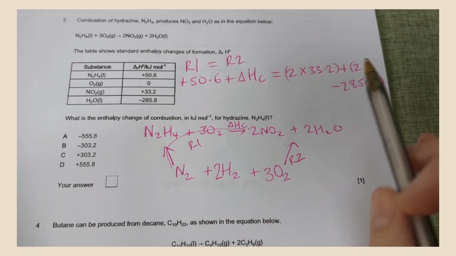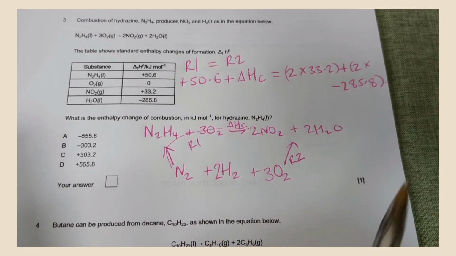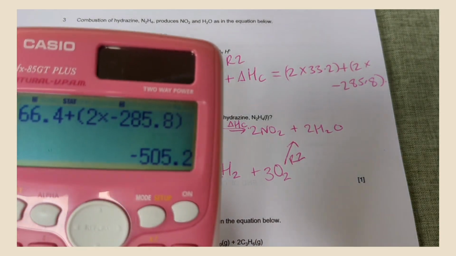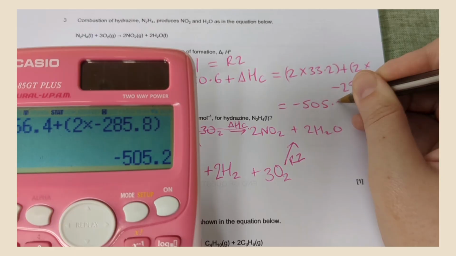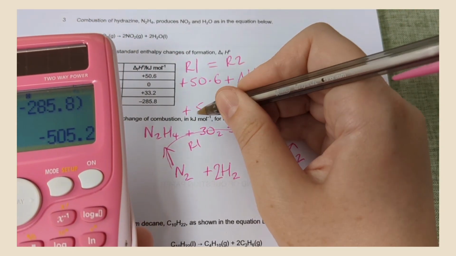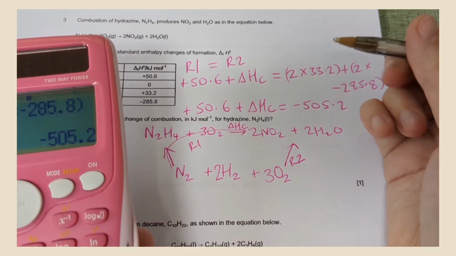Now I'm going to pop this bit in my calculator first and work out what this equals. So I've got minus 505.2 for this side over here, 50.6 plus the enthalpy change of combustion.